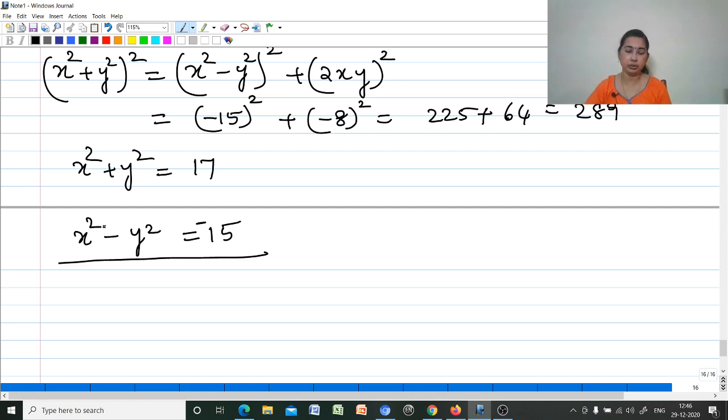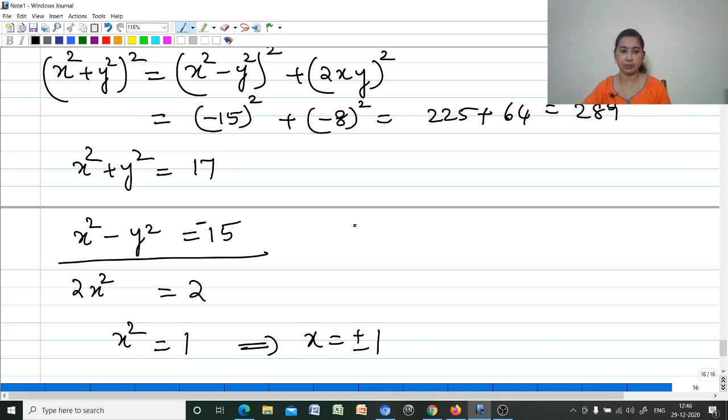So adding these two, 2x square is equal to 2, or x square is equal to 1. That means taking the square root, x is equal to plus or minus 1. In the same way we can find the value of y. Substituting in the first equation, y square is equal to 17 minus 1, that is 16, or y is equal to plus or minus 4.